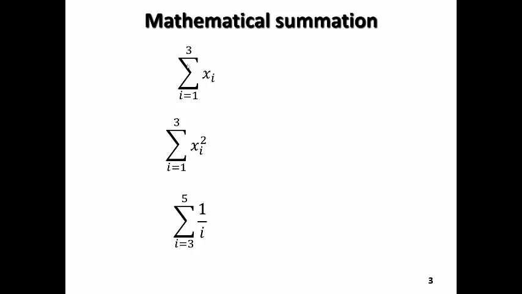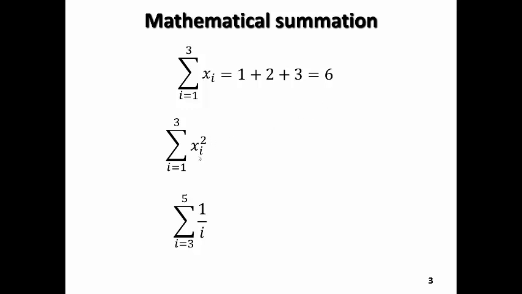In writing this out, the instruction here is to begin with the number 1, add the number 2, and add the number 3, and we stop at 3 because the symbol indicates that's where we're going to stop. We carry out the arithmetic addition, and we get a final answer of 6.